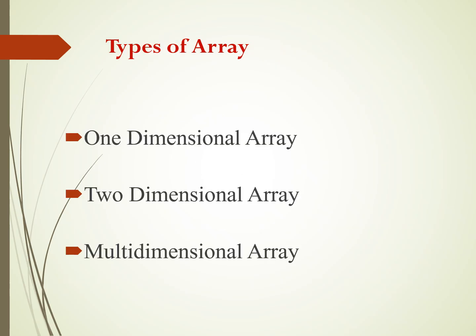Now we understand what an array is. Let's discuss the types of arrays. Arrays are mainly classified into three types based on the number of dimensions: one-dimensional array, two-dimensional array, and multi-dimensional array. The first type is the one-dimensional array, also called a single-dimensional array.